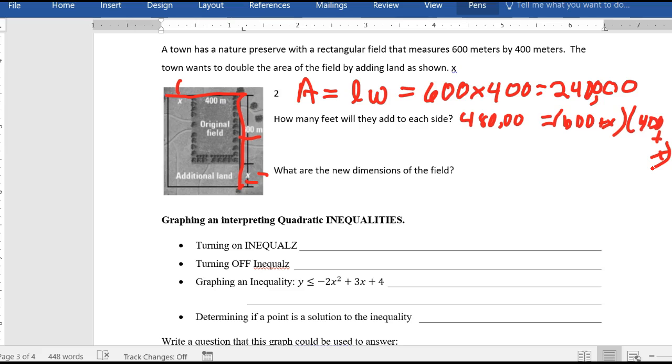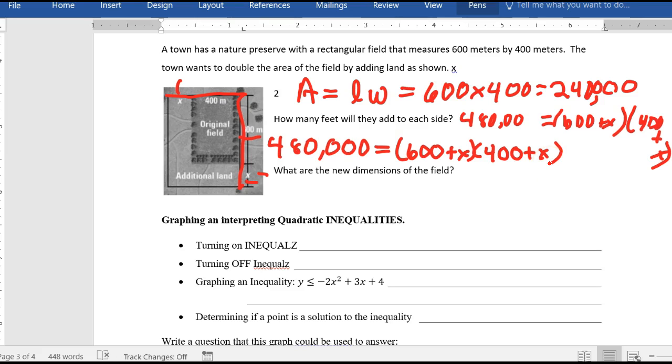And so we have this equation of 480,000 equals, let me write this better here, 600 plus x times 400, whoops, parentheses, 400 plus x. I hope that's more legible now.